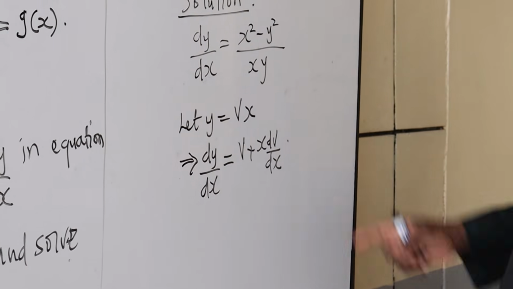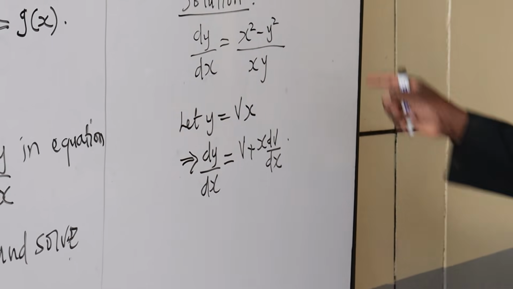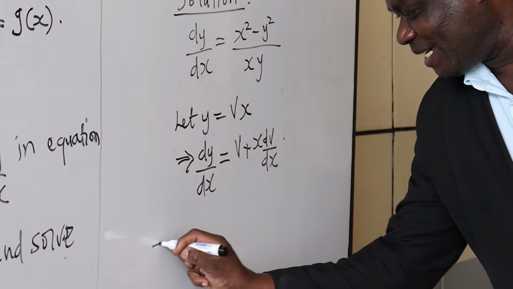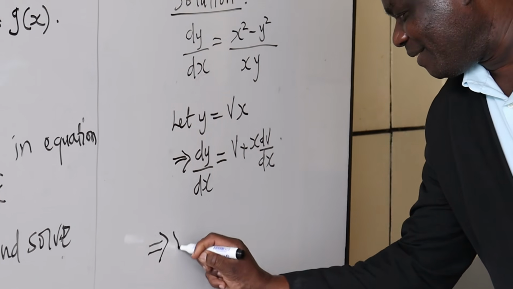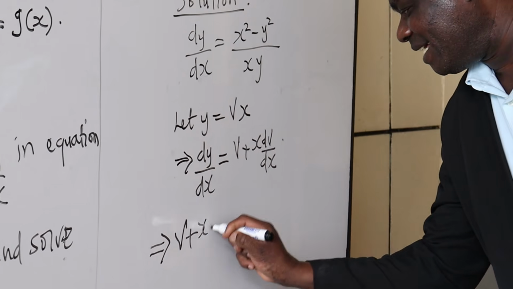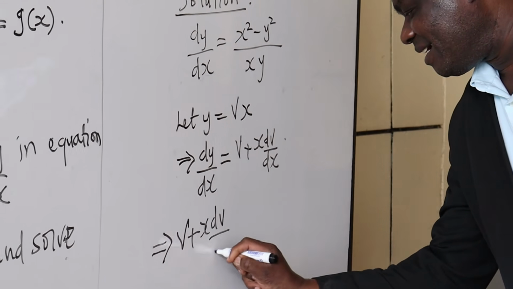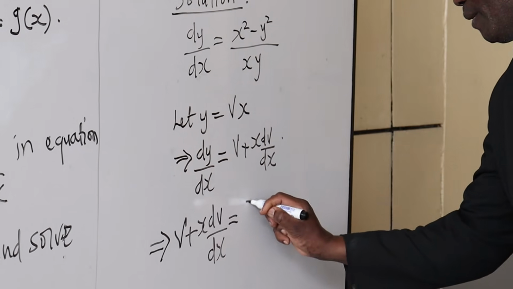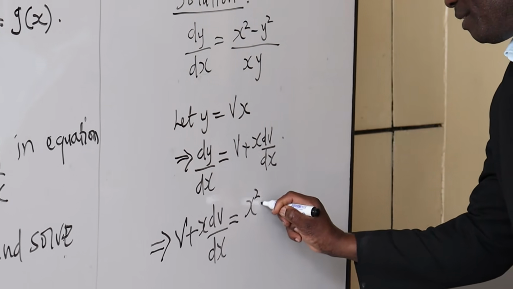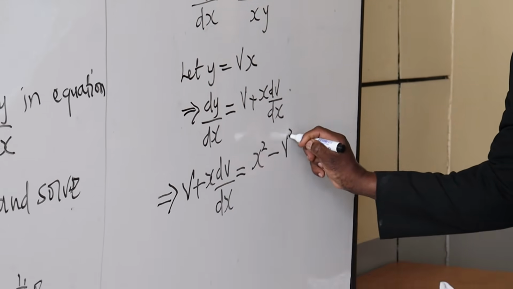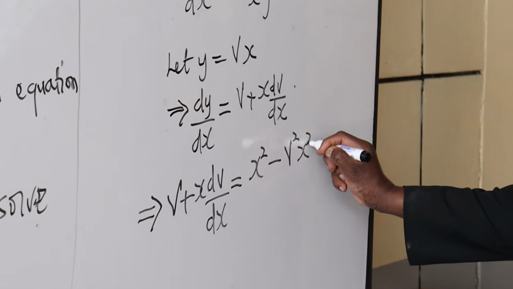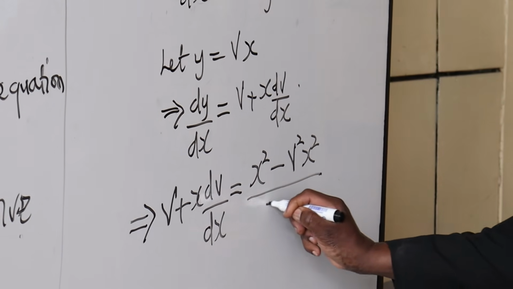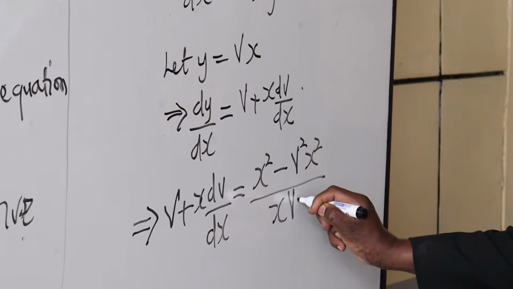Now, when we substitute into this first equation, we say this implies what? v plus x dv/dx will be equal to x squared minus v squared x squared all over x multiplying vx.